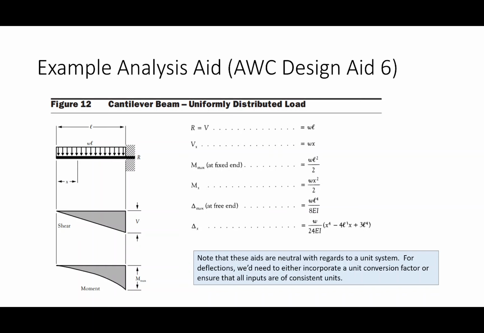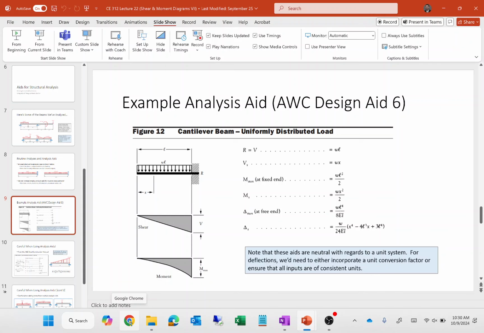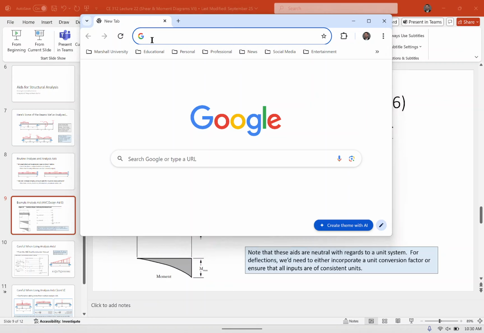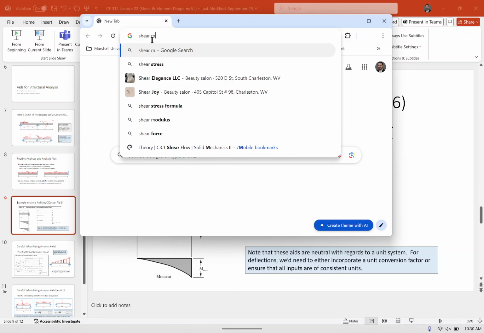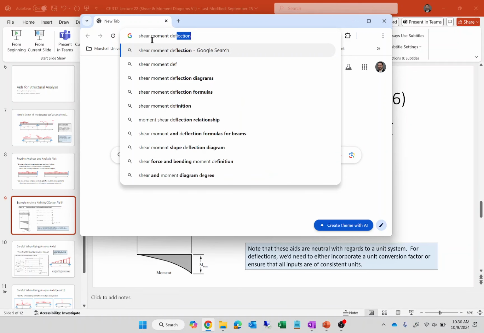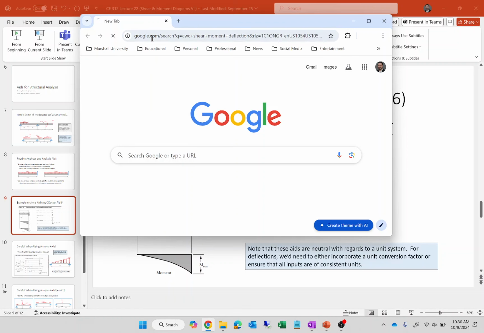So let me show you what analysis aids look like. I'll just give you an example here. So, I hope I don't mess anything up here. Let's do AWC shear moment deflection.